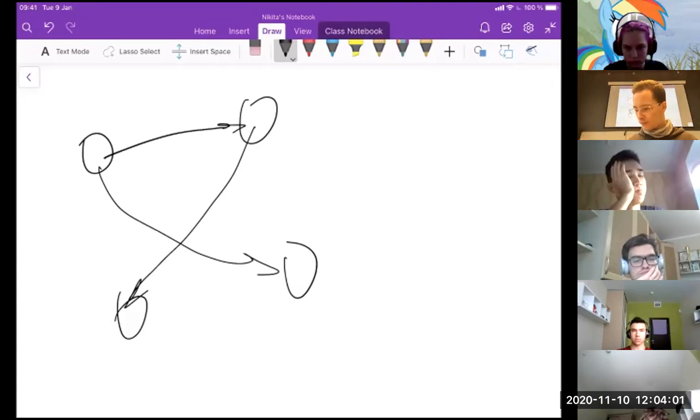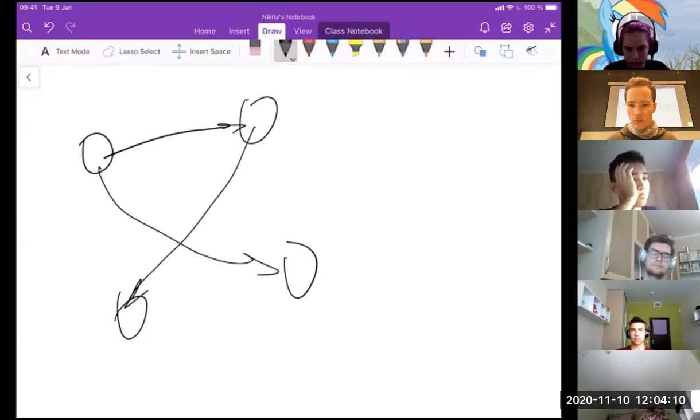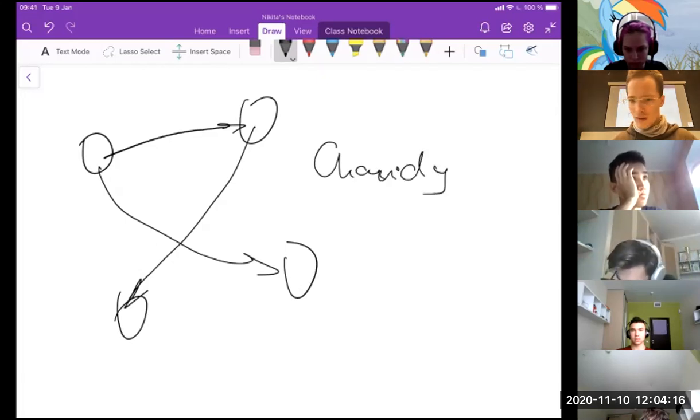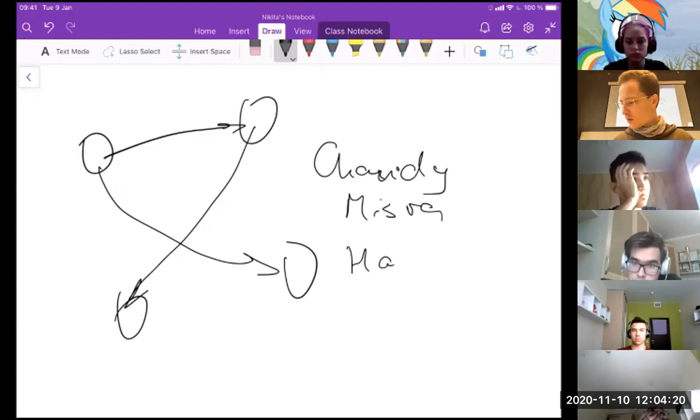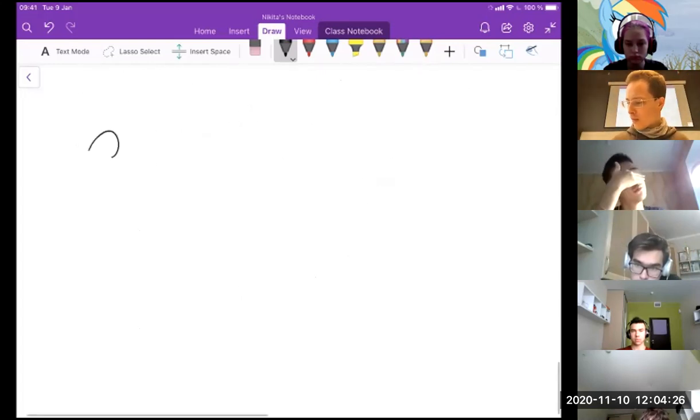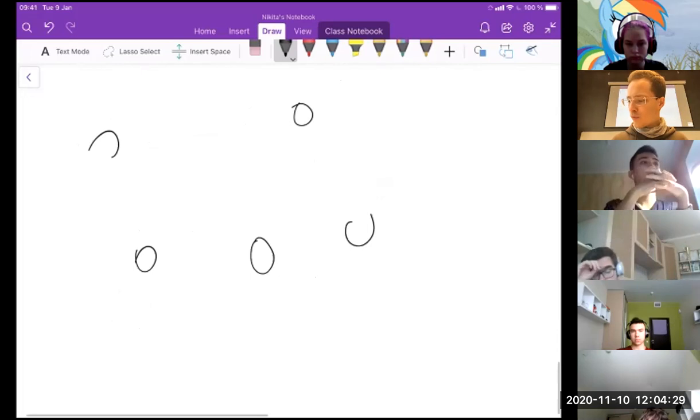So briefly, one of the ideas that you may have seen in the Kahoot, it was called the Chandy-Misra-Haas algorithm. The point is, they have this network, and in this network they send a probe message.